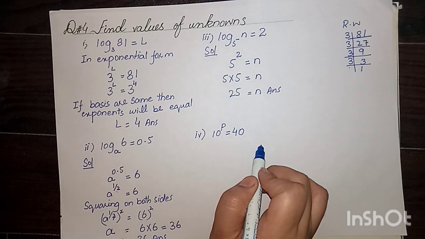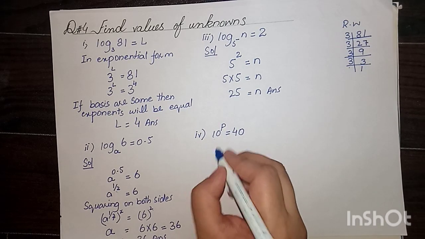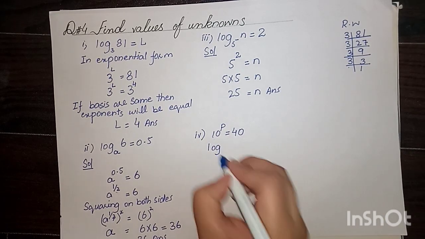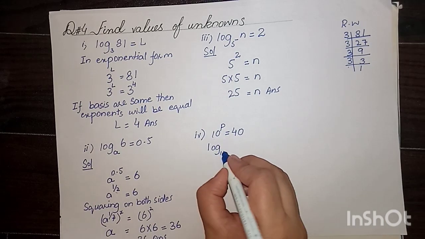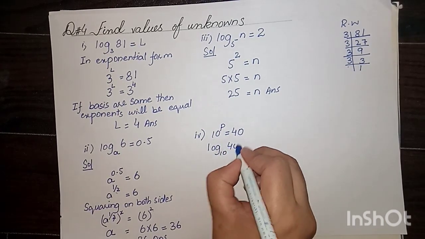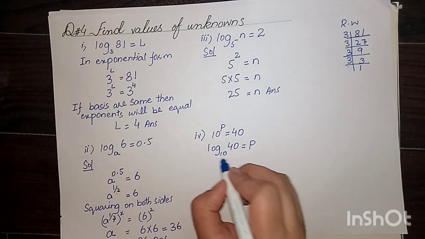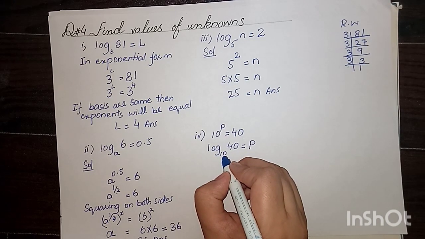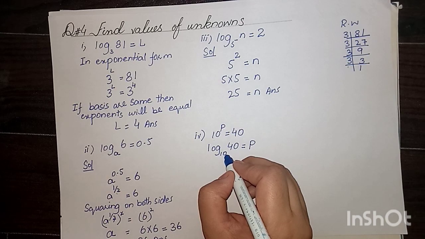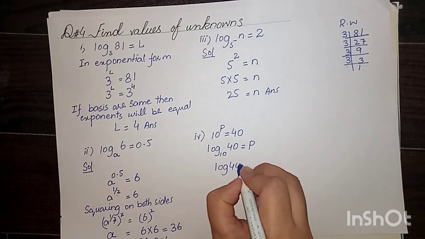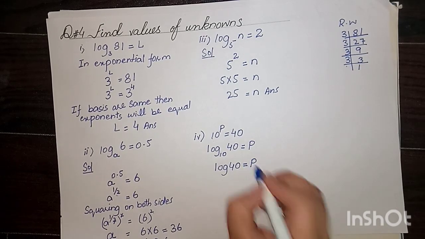So we will convert it into logarithmic form. So in logarithmic form, this is log base 10 of 40 is equal to p. We also know that log base 10 is equal to the common logarithm. So we can write it as log of 40 is equal to p.